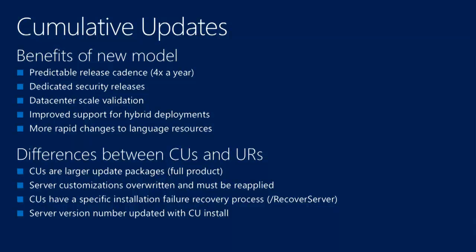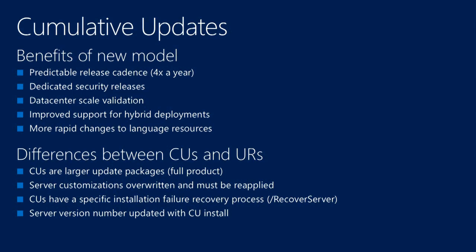So you're going to want to have very good change management control over your systems so that not only do you document the changes, but perhaps you have scripts that can recreate those changes after your next cumulative update has been installed. So for those of you who have custom changes and you've gone through service pack upgrades, that's exactly what I'm talking about. It's that same process that you'll have to go through.